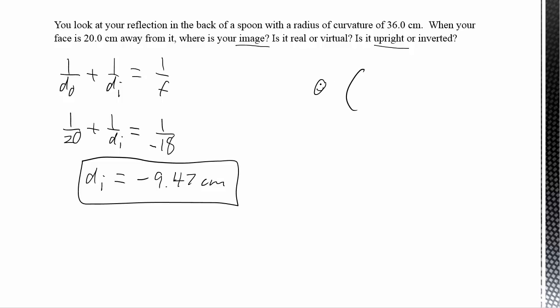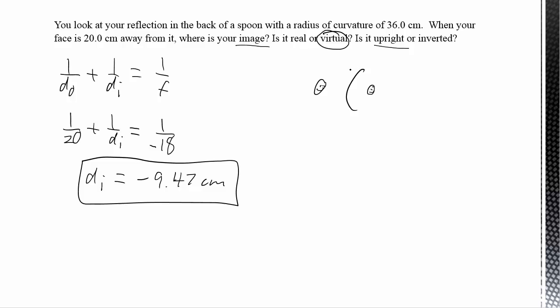Here's your smiling face, and the image is going to be smaller. Okay, smaller image of your face in the mirror. And because the image is on the other side of the mirror, that's got to be negative. That makes it a virtual image. Whenever you have negative image distances, that tells you it's virtual.